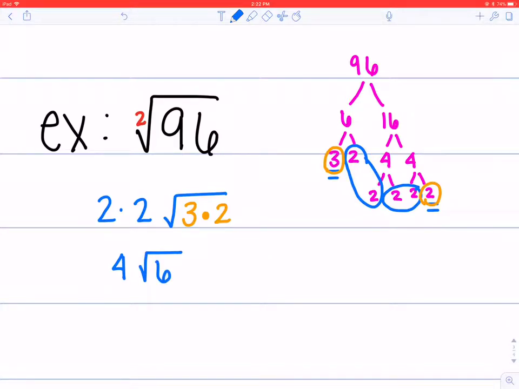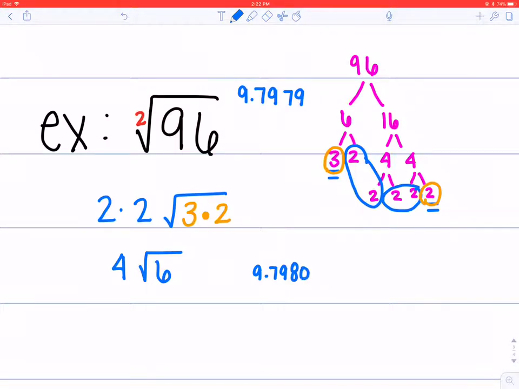Now the way I would check that is I'm going to type in the square root of 96 into my calculator, and it tells me that it is 9.7979, and I want to make sure that 4 times the square root of 6 is the same thing, and indeed it is 9.79.